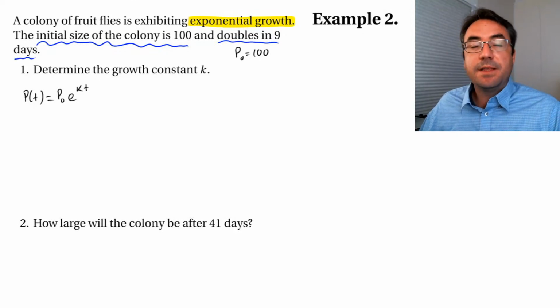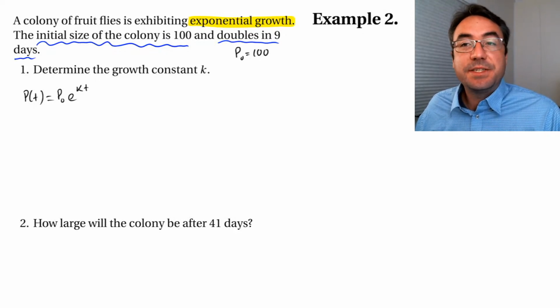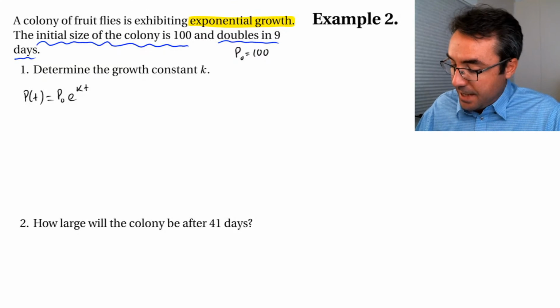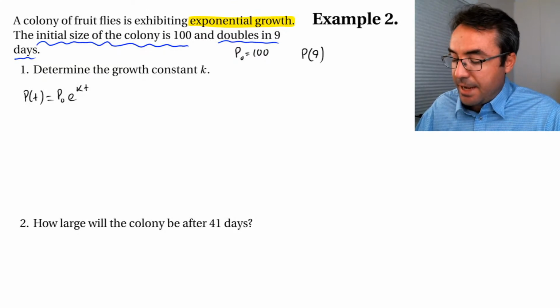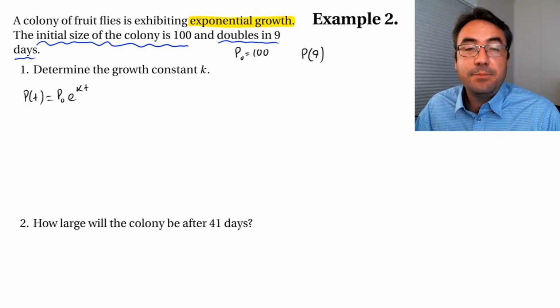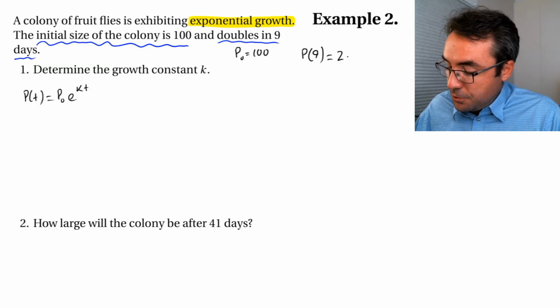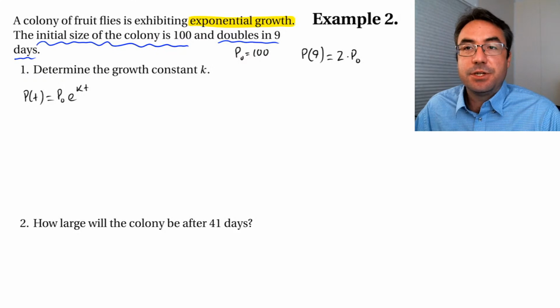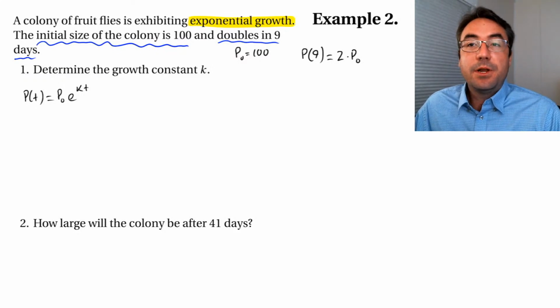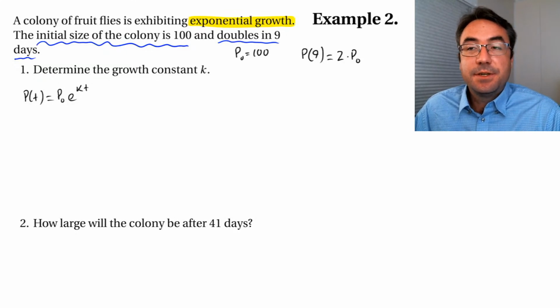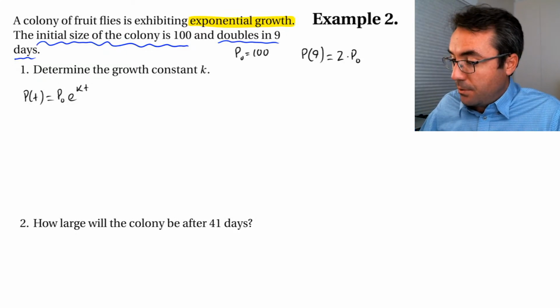In function notation, that tells us that the population at time t equals 9, p of 9, is equal to 2 times our starting population, so it's doubled. Plugging in our starting population, we get 2 times 100, or 200.